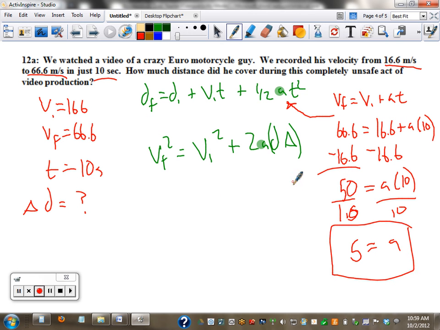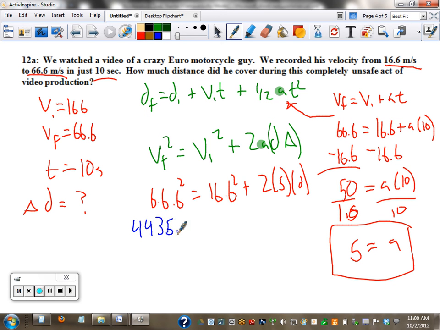So, which one looks easier? I'm liking this one. I don't like dealing with all these time squared stuff. So I'm going to go 66.6 squared equals 16.6 squared plus 2 times 5 times our change in distance. This becomes 4435.56 equals 275.56 plus 10 times distance.